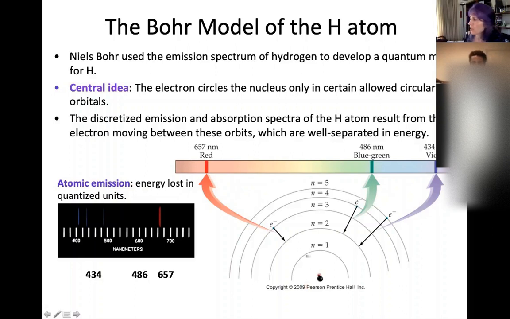From this information, they found this distance, 0.52 angstroms, and that never changed even in all of the development. So the energy of these levels and the distance from the nucleus were all determined just from this information. It's quite amazing.